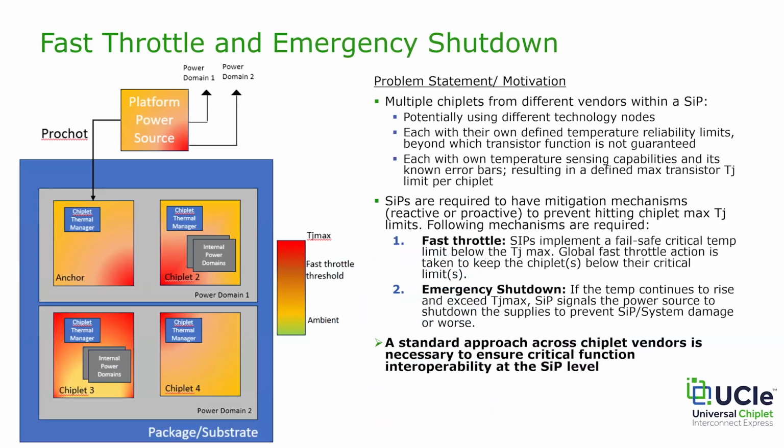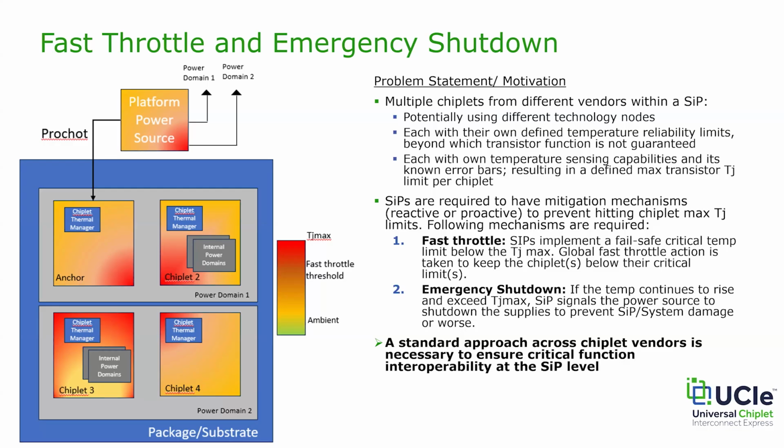Now, continuing on from the previous slide, in system in package designs, especially when you have multiple chiplets from different vendors, managing things like thermal limits is a complex challenge because you are using different technology nodes. They have different temperature reliability limits for each chiplet, and each chiplet has its own temperature sensing capability with its own associated error margins.